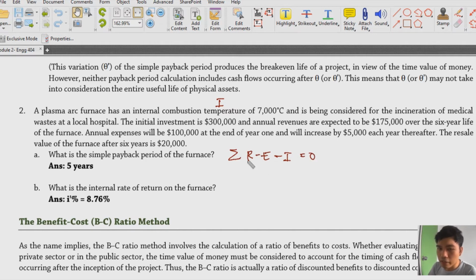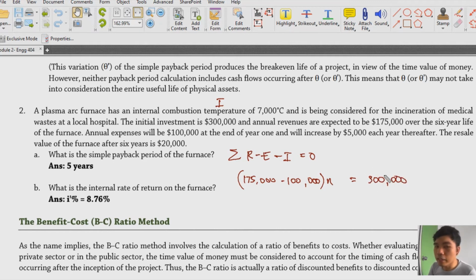With this, we can say that our R minus E would be 175,000 minus 100,000. That is true for all years from year 0 to year 6, right? And they should be multiplied by the number of years, because these are annual payments, and this is equal to your investment, that's 300,000.